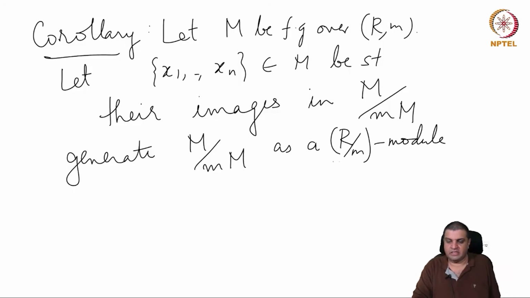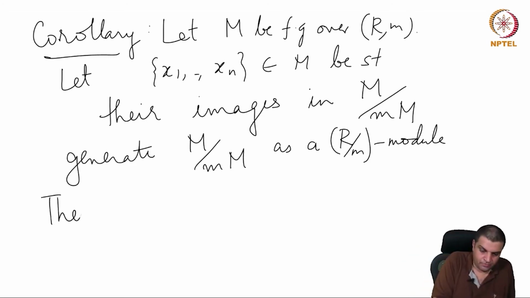This is a vector space. R mod m is a field. Therefore, M mod mM is a finitely generated module over it. So it's a finite dimensional vector space. So then we can talk about some elements. And elements of here are residue classes of elements of M. So let's just pick n elements in M whose residue classes will generate this finite dimensional vector space.